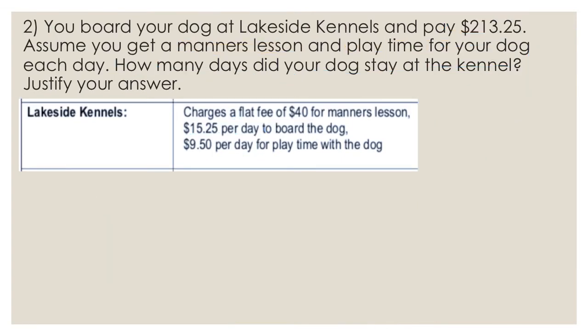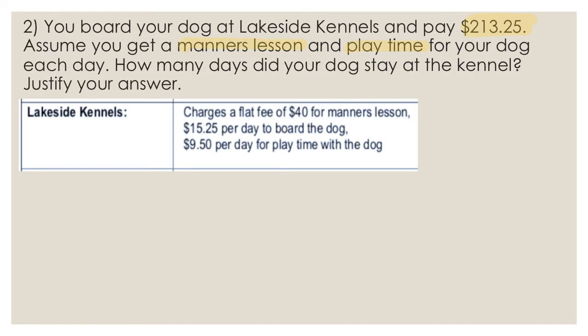So now let's look at this. We decided to board our dog at Lakeside Kennels and pay $213.25. Assume you got your manners lessons and your playtime for the dog. How many days did your dog stay?